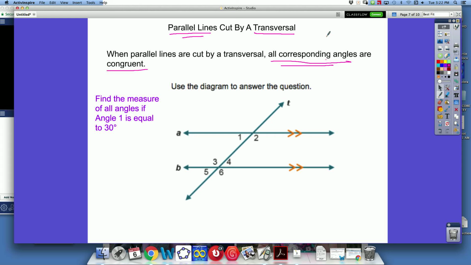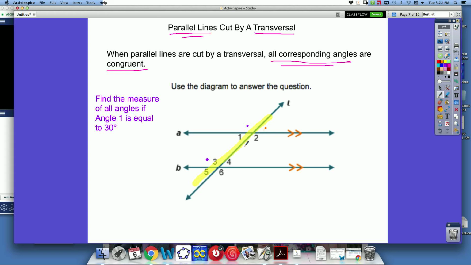So remember from the last lesson on transversals, corresponding angles are angles that lie in the same spot along the transversal. So what that means is if I'm looking at my set of four angles here, this top angle would have to be congruent to angle 3.